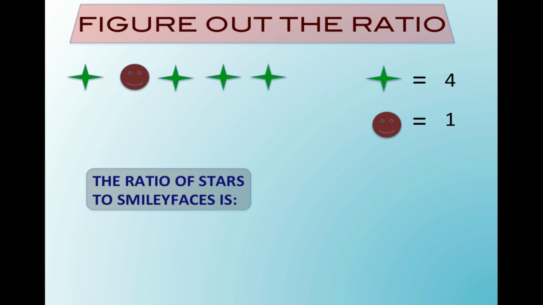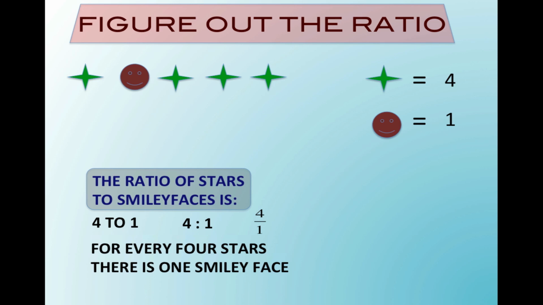So they mention stars first and smiley faces second. So when we write our ratio and our different representations, we have to make sure that the 4 comes first, smiley face comes second, and in fraction form, the 4 should be on top because it was mentioned first. So your answer should have been 4 to 1, 4:1, 4 over 1, or for every 4 stars there's 1 smiley face.